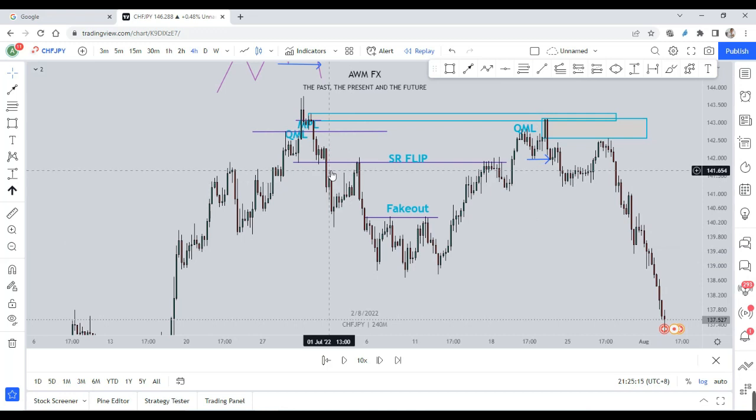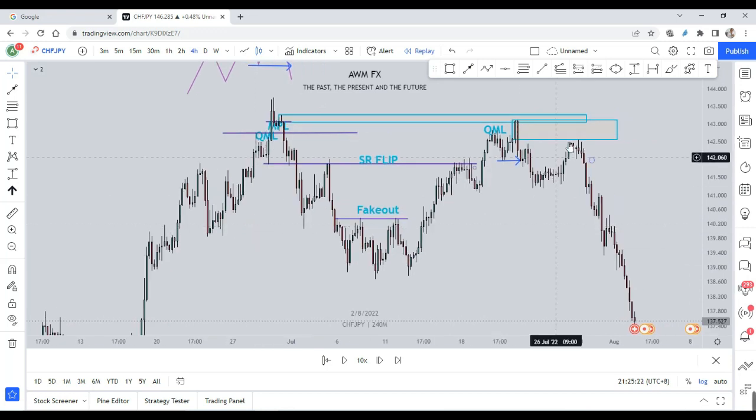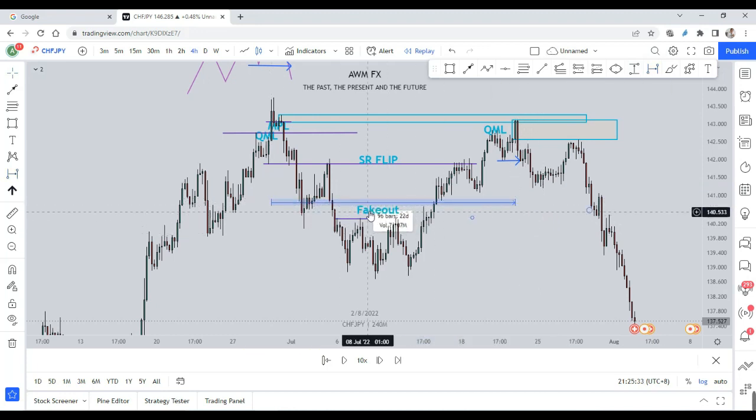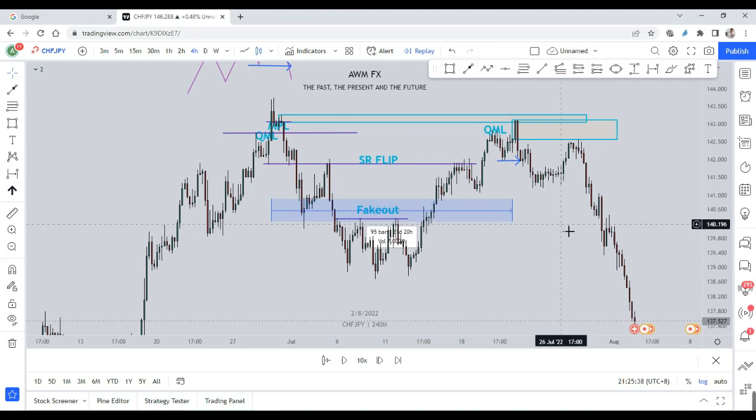You can observe that this is an H4 time frame, which is going to give you the setup you have, but it will only come back and tap onto your orders after 22 days. So you have to be extremely patient with this kind of setup, and especially this is what we call a QML late retest.